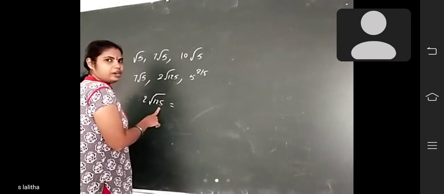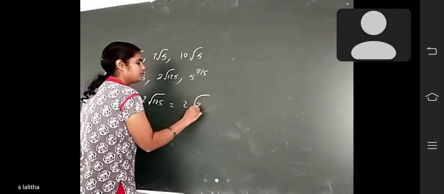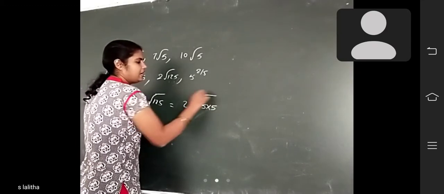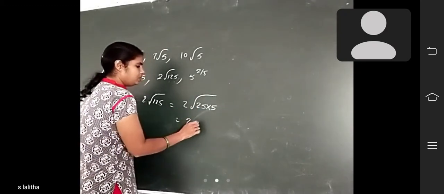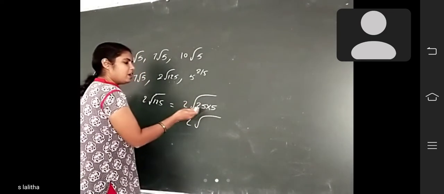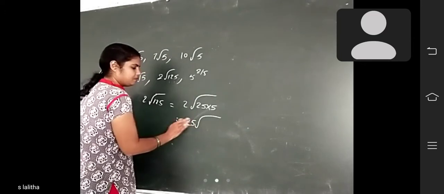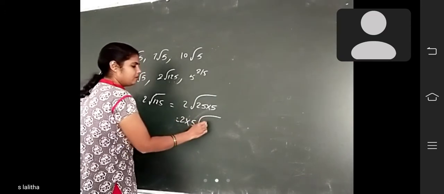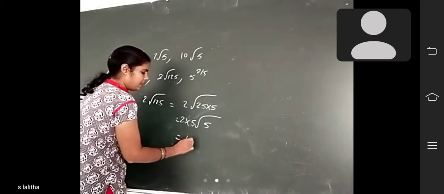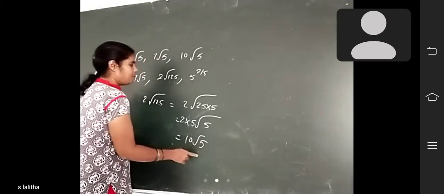Can you write it as 25 into 5? Yes. 2 into 25 into 5. We can write like this. So 2 into the square root of 25, taking it outside, becomes 5. 2 into 5 root 5. So 2 times 5 is how much? 10 root 5. You will get the same, no?